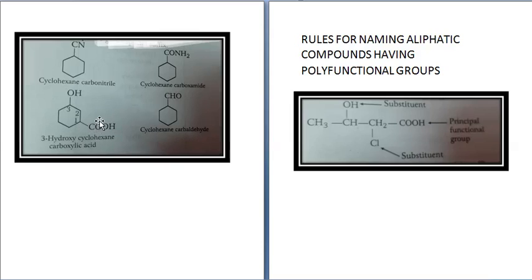So there are certain rules, we will just discuss them. If an unbranched carbon chain contains more than 2 same groups such as CN, CHO or COOH, their carbon atom is not included in the chain and a special suffix is added as given in the table, like it was given in this table.